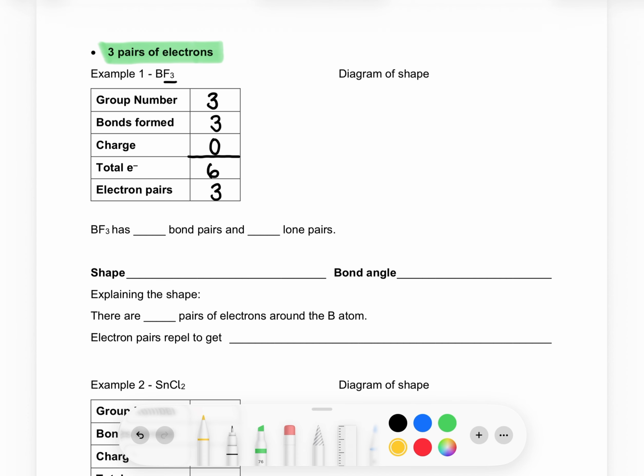So because there were 3 bonds, then there must be 3 bond pairs. And because there are 3 bond pairs and only 3 pairs in total, there must be 0 lone pairs. Now, if you've got 3 things and they're trying to spread out as far apart as possible, they do still stay in a 2-dimensional arrangement, and they look like a triangle.